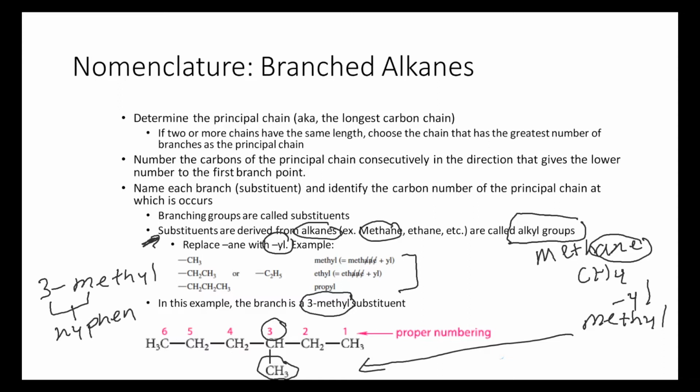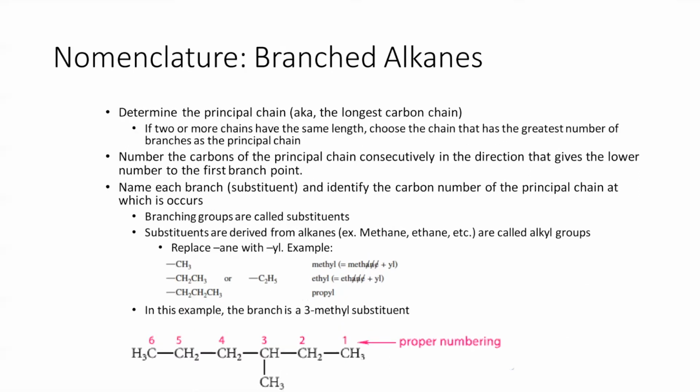Hyphens are used to separate numbers and words. So whenever you have a number in a word, make sure to add the hyphen in between. So now we named the substituent 3-methyl.